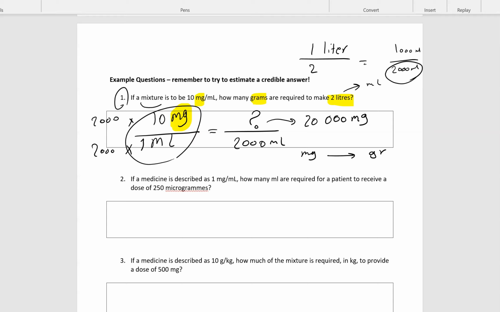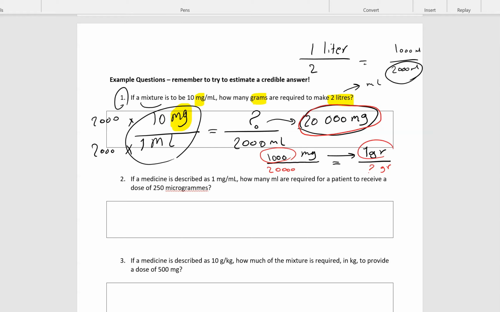So how can you change the milligrams to grams? If you have 1000 milligrams, it's equal to 1 gram. If you have 20,000, how many grams? You divide by 1000 to get 1 gram.